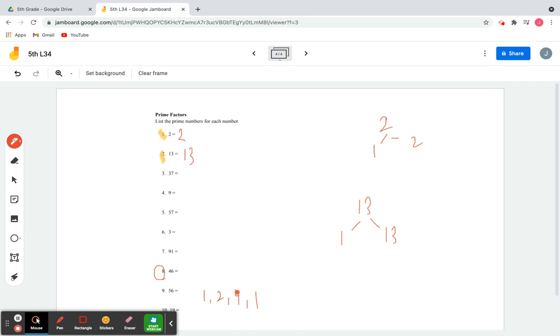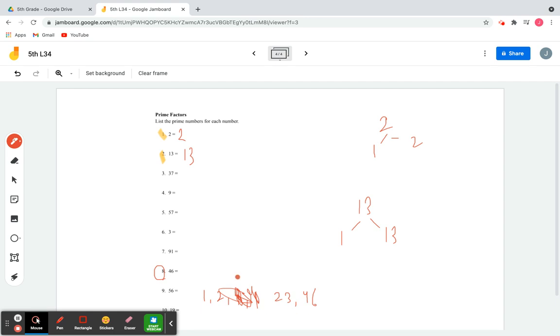Wait, is it 4? Wait, no. But it is more than two numbers because we have 2 and then 23 and then 46. So if it is a prime number, it should be divisible by only two numbers, which are 1 and 46. But then it has factors of 1, 2, 23, and 46.